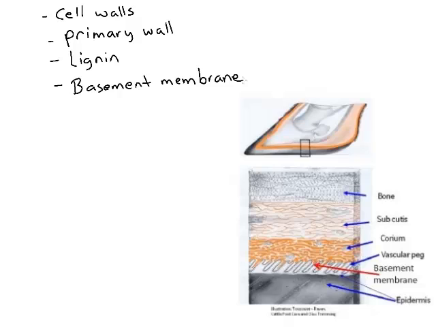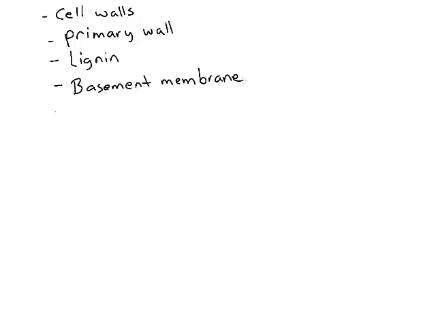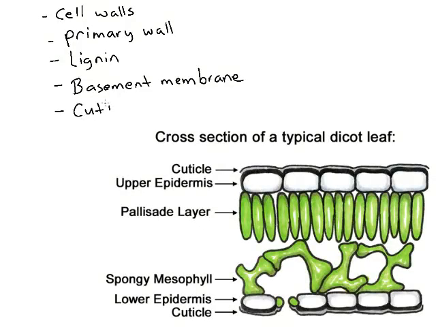Bone is an example of an extracellular matrix that is composed of the fibrous protein collagen and then is hardened by deposits of calcium and phosphorus, which of course is why we need calcium and phosphorus in our diet.